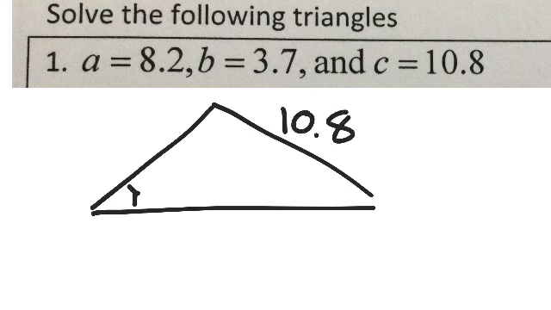So that means this is gamma across from it because it was C. And it doesn't really matter which other side you make where. So I'll make this 8.2, which means this one is alpha. And then B here is 3.7. So my missing angle there is beta.